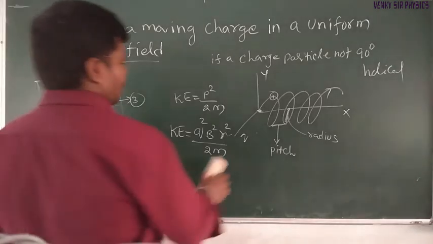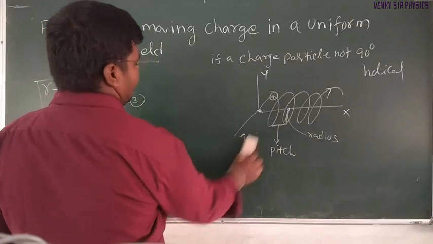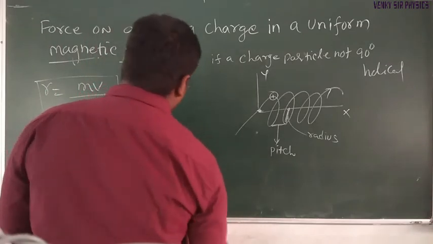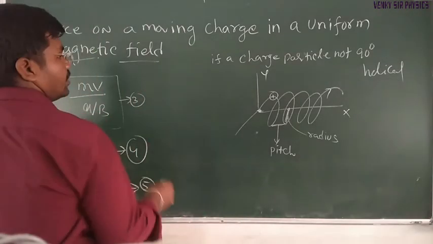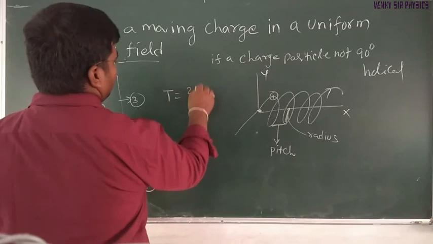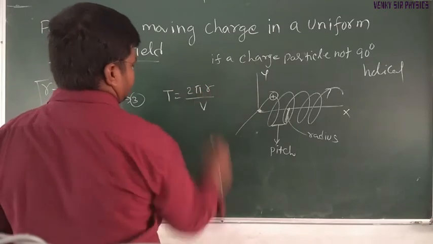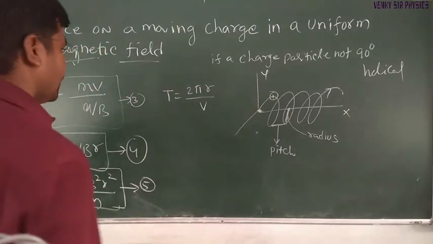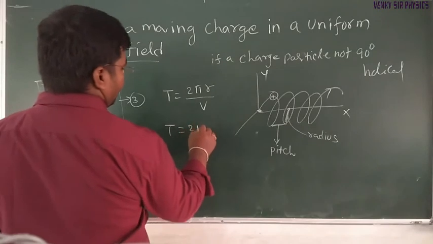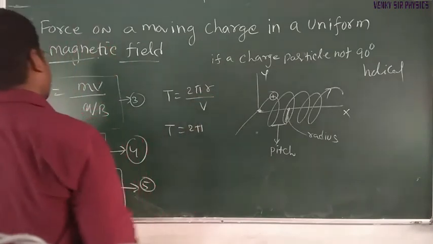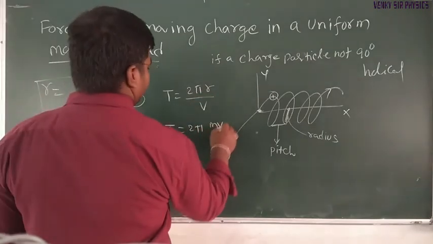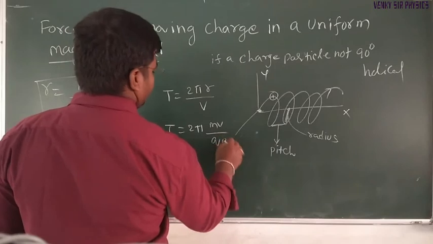Next, we have to find the time period. We know that time period T is equal to 2 pi r divided by v. So T is equal to 2 pi into what is the radius, mv by qB.